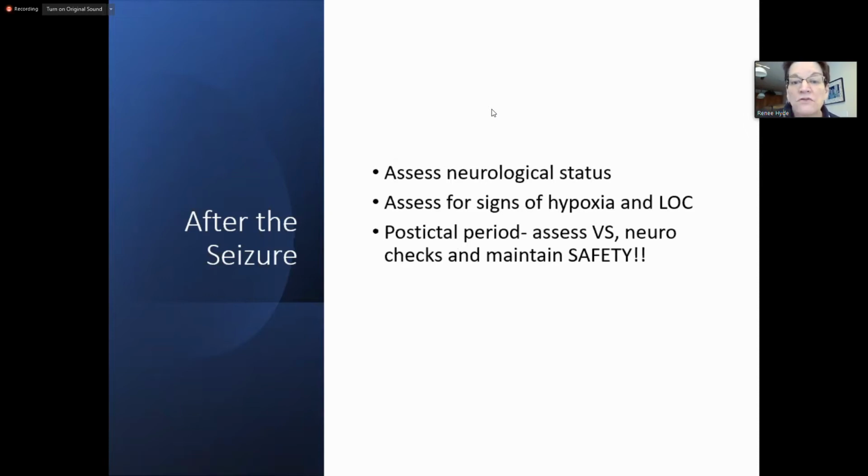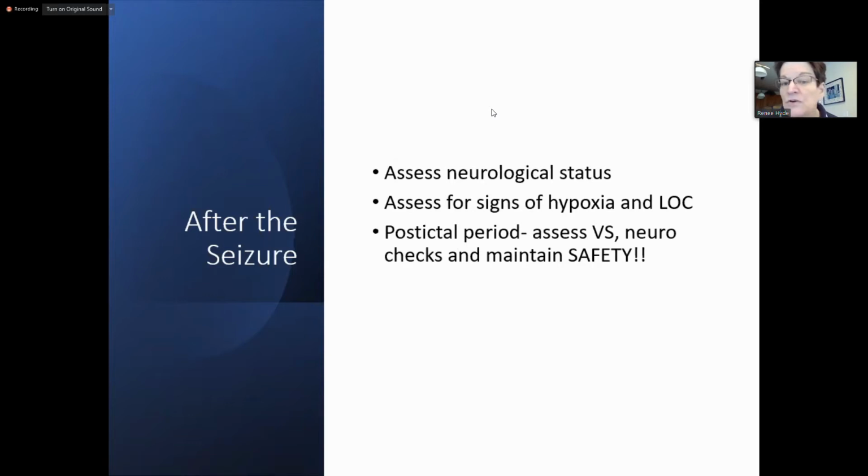We're going to look for signs of hypoxia and loss of consciousness. Okay. In that post-ictal period, remember, post-ictus means after the seizure, we're going to assess their vital signs. And I would expect heart rate and respiratory rate and blood pressure to be slightly elevated.